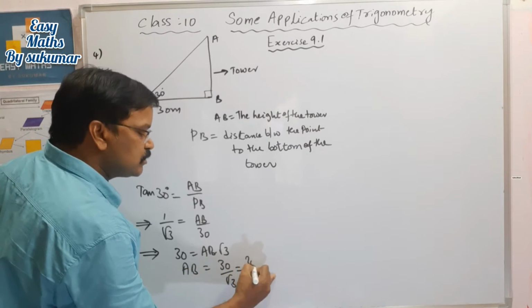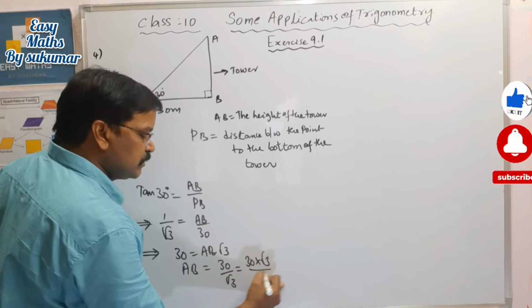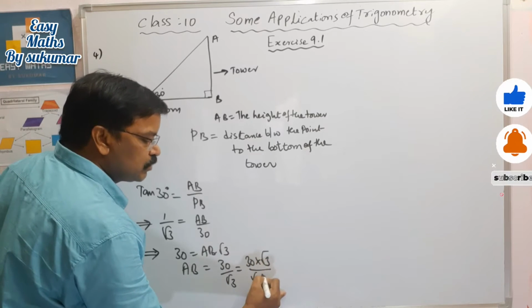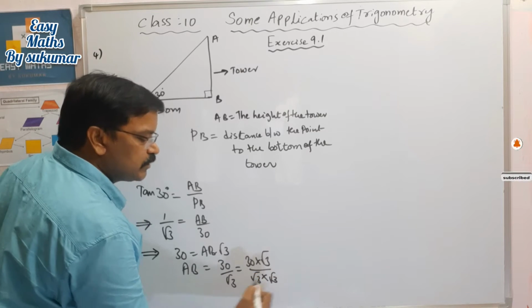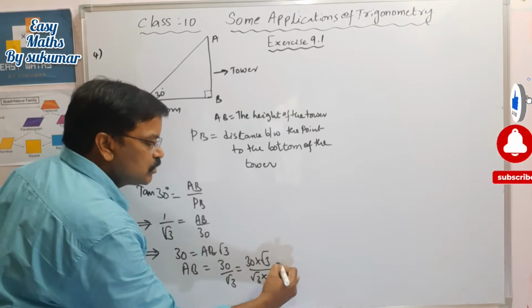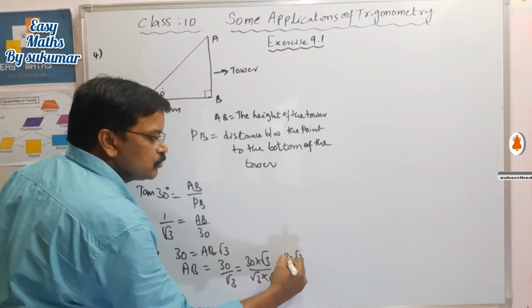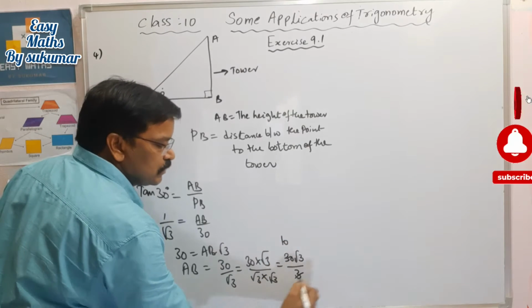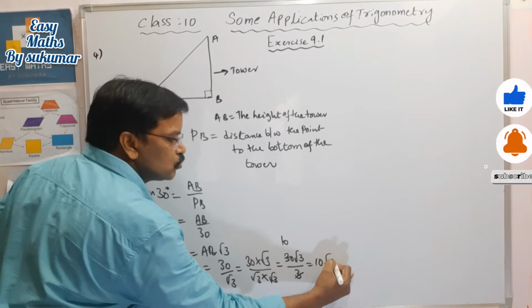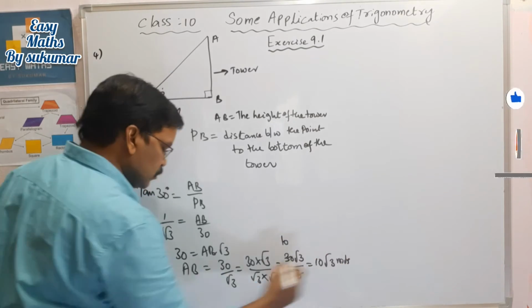If you rationalize the denominator here, multiply the numerator and denominator by root 3. So 30 into root 3 by root 3 into root 3, which is 3. So 3 in 30 is 10 times, that is equal to 10 into root 3 meters.